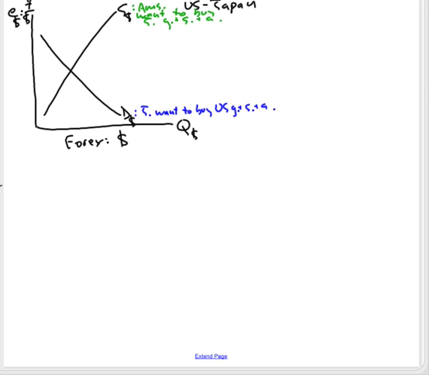If the Americans want to buy those Japanese things, they will have to sell their dollars to get yen. If the Japanese want to buy those American things, they will have to sell their yen and buy dollars. All right.